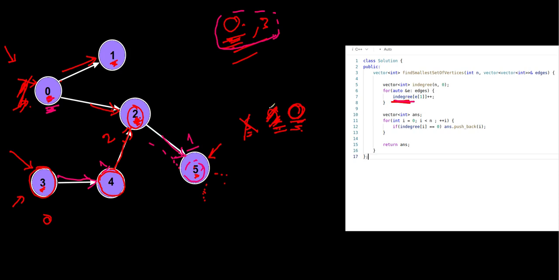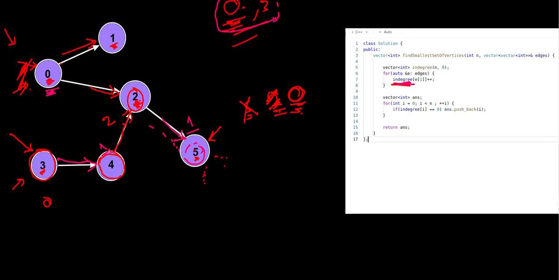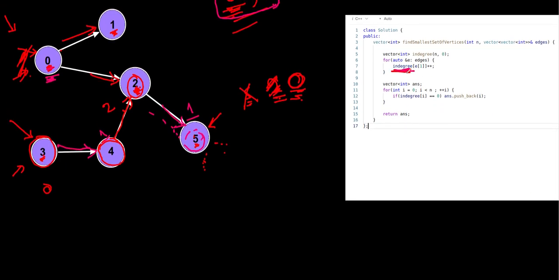And so to solve this question, we just need to build this in-degree vector that counts the number of edges with the direction into the node. So at the end, in the in-degree we have 0, 1, 2, 3, 4, 5. These are the nodes. In-degree of 0 is 0.